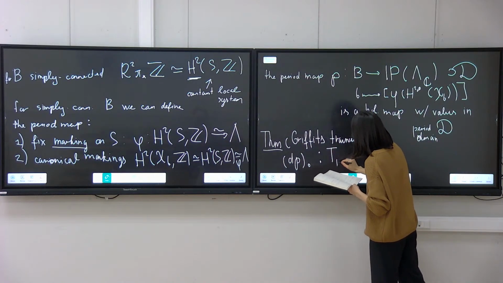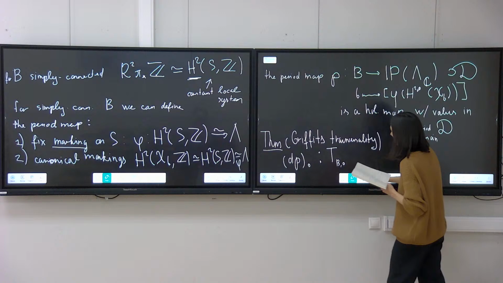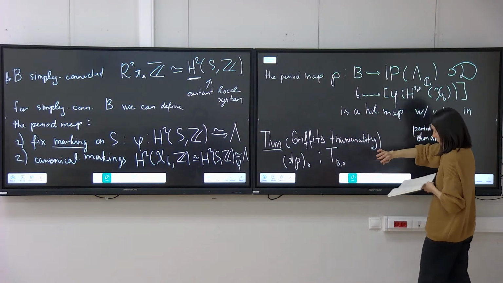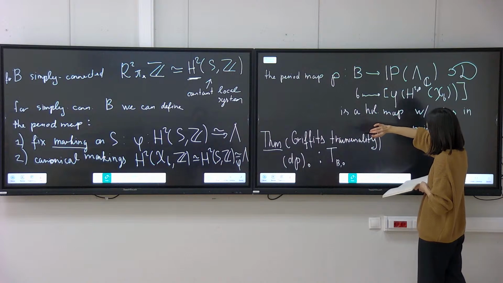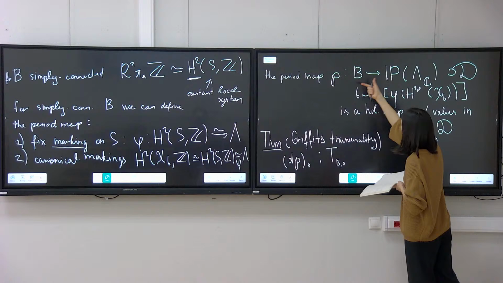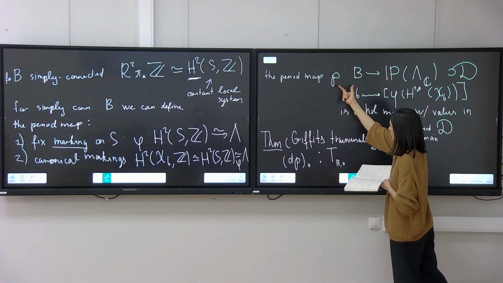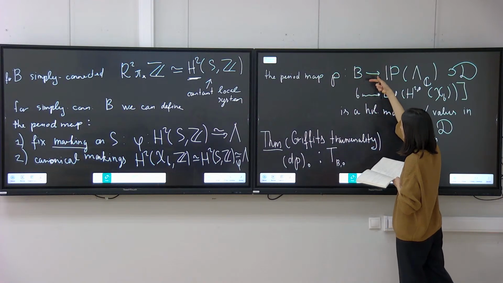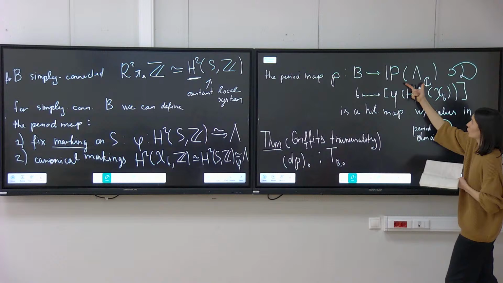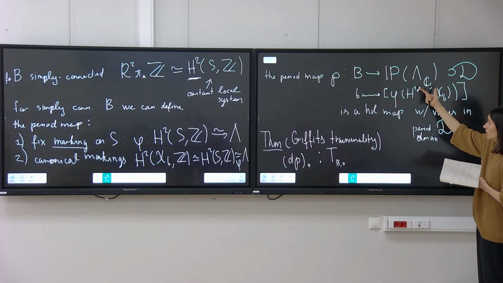That tells you that, if you take what we have here, we have a map, and Griffiths transversality will describe the differential of this map at a distinguished point. So this is a map from the tangent space to B to the tangent space of the corresponding projective space.